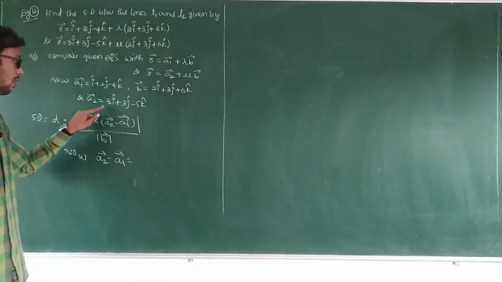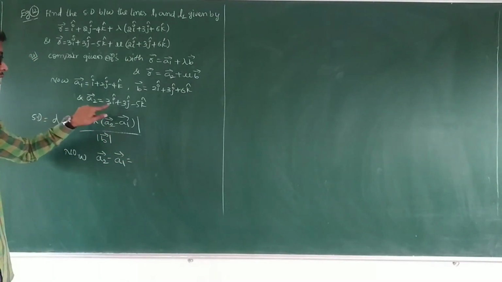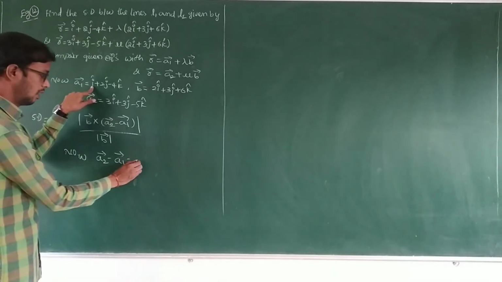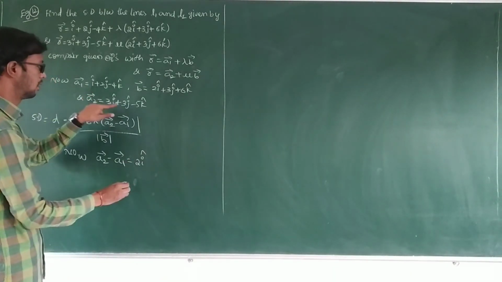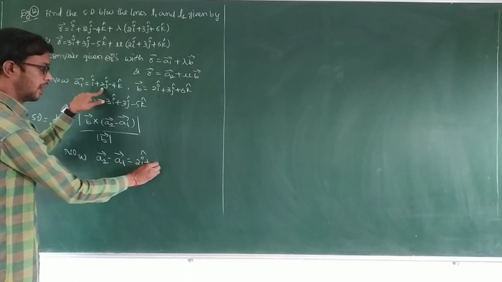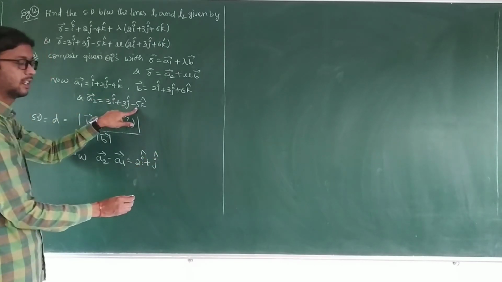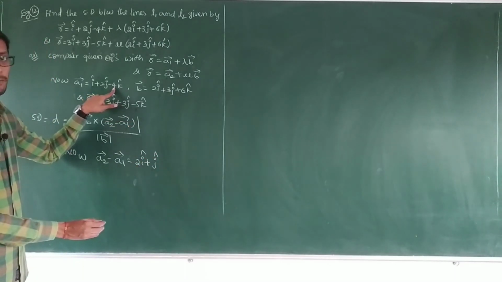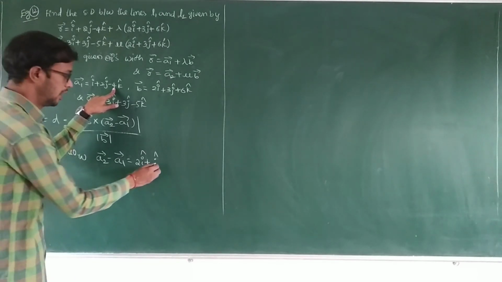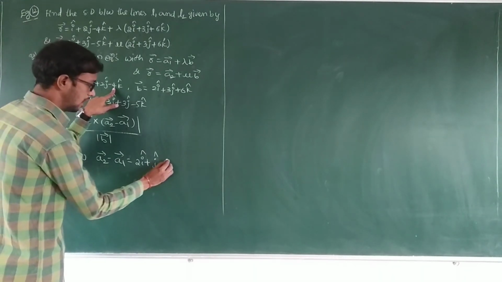Just subtraction: a2 minus a1, 3 minus 1, 2 i cap, 3 minus 1, j cap, minus 5 minus of minus 4, minus 5 plus 4 is minus 1, k cap.